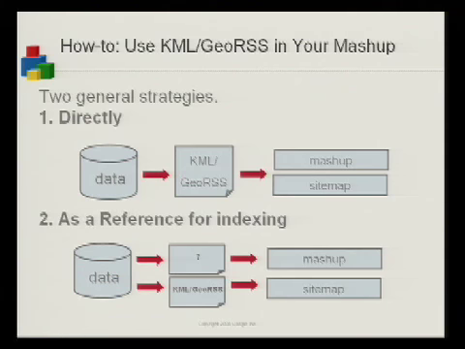Another is to use it as a reference for indexing. Some people prefer to do most of their data in some other format, or just directly program it into their mashup. Then you can generate a reference KML or GeoRSS feed that we can then index.